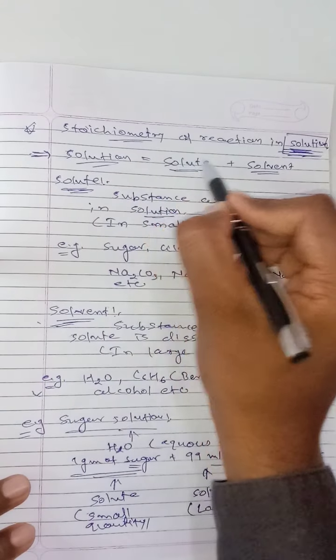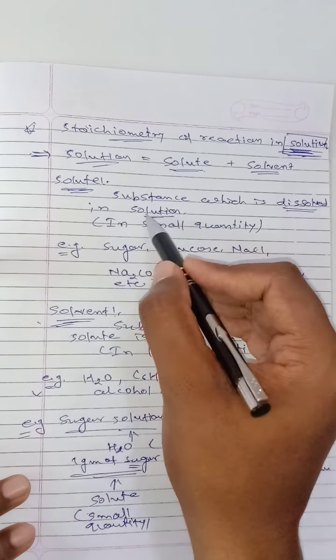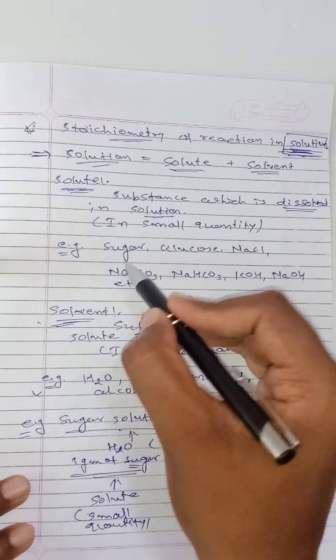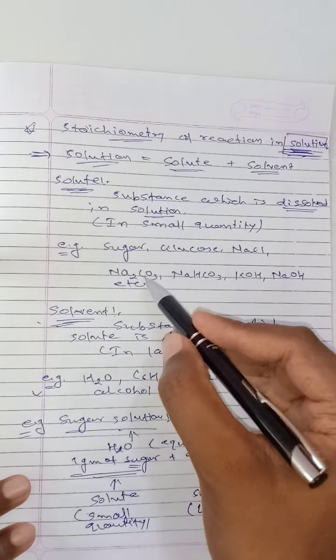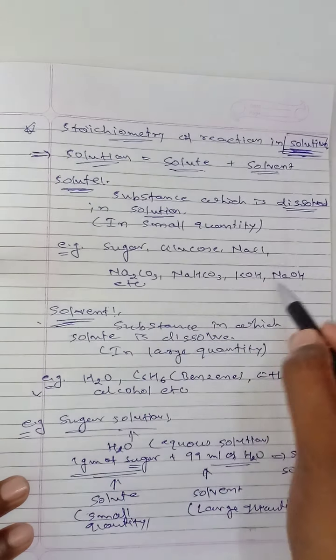Solution is equal to solute plus solvent. The substance which is dissolved in solution is solute, like sugar, glucose, sodium chloride, sodium carbonate, sodium bicarbonate, potassium hydroxide, sodium hydroxide.